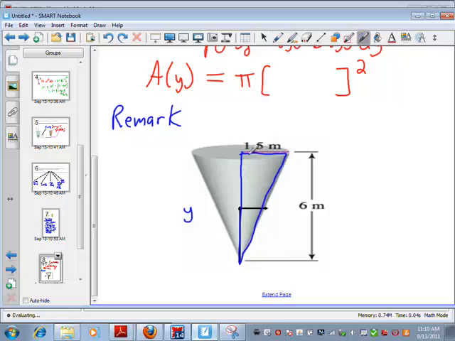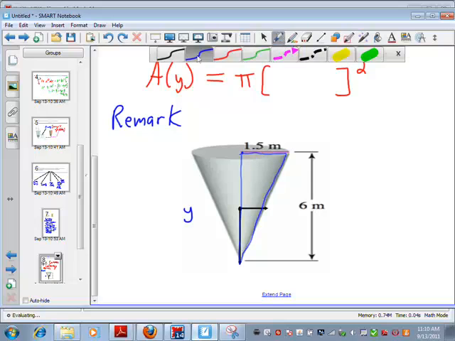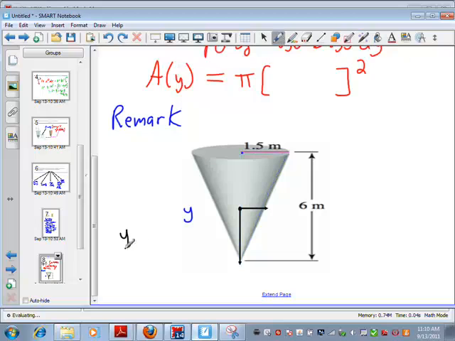Questions about that? And so what does that mean? That means y over r, where r is the radius we're looking for, is equal to 6 over 1.5.